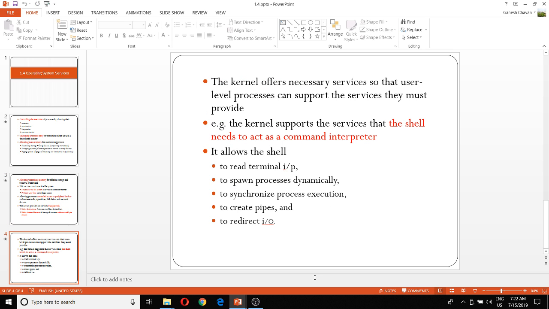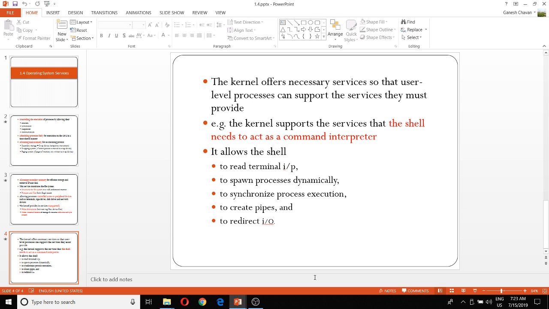The kernel offers the necessary services so that user level processes can support the services they must provide. For example, the kernel supports the services that the shell needs to act as a command interpreter.